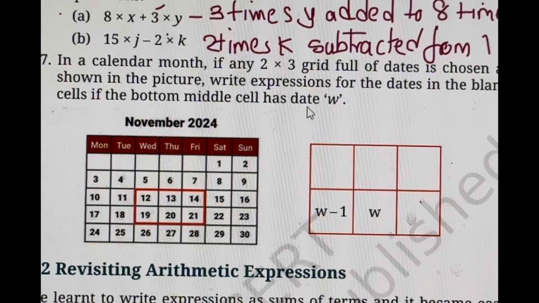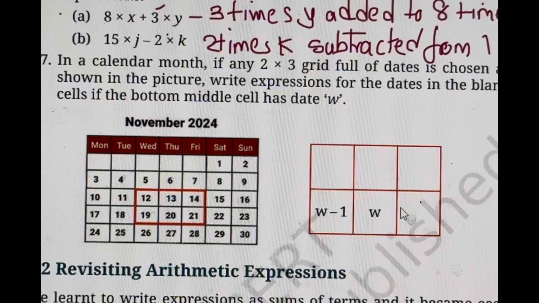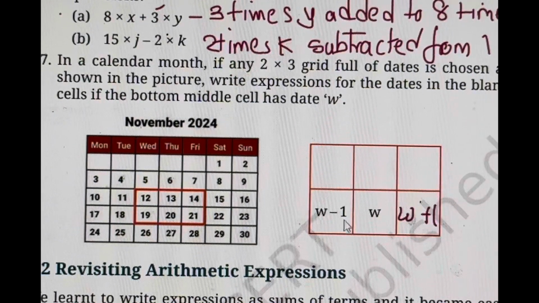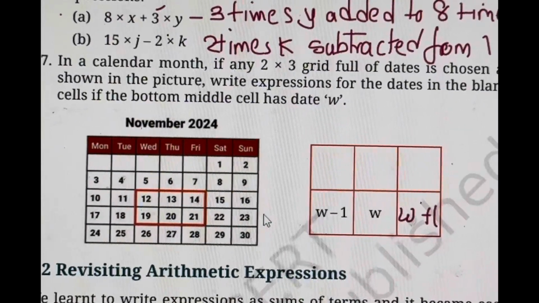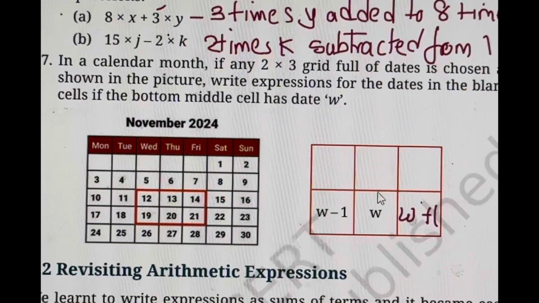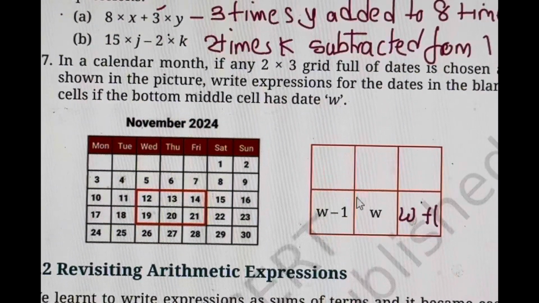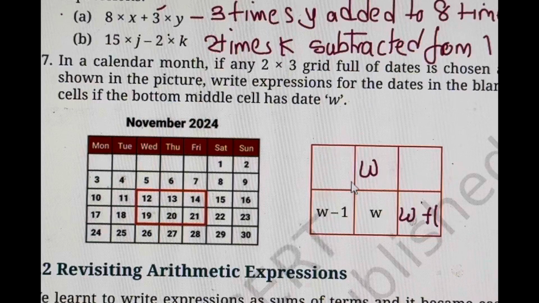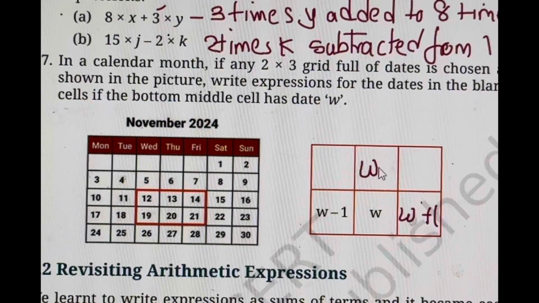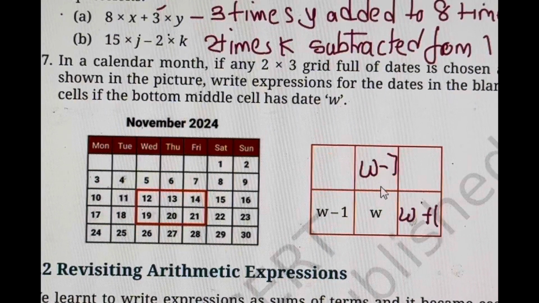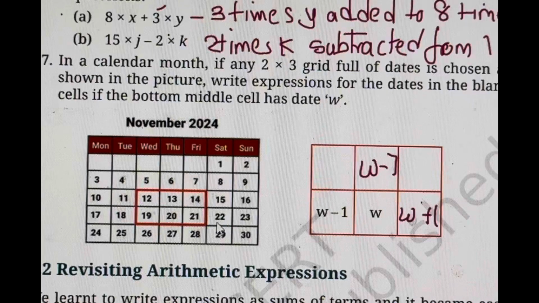If the bottom middle cell has the date W, what will be the date on the right side? It will be W plus 1, because you can see here it is 21. Now we have to write all answers with respect to W. This one is W minus 7, because 13 is 7 less than 20.